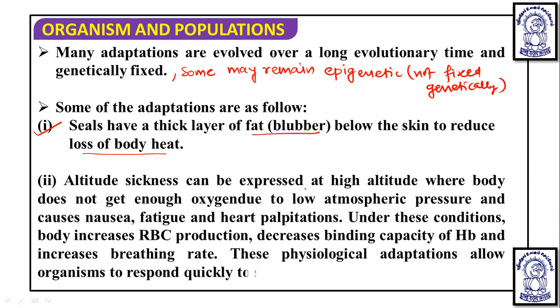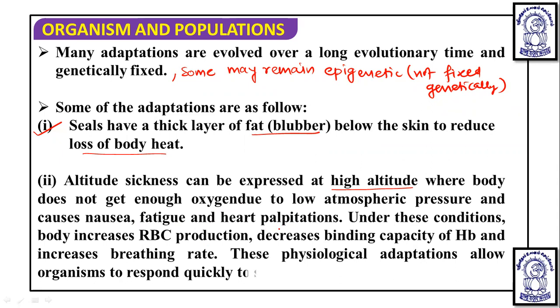It is experienced at high altitude, where the body does not get enough oxygen due to the low atmospheric pressure, and causes nausea, fatigue, and heart palpitation. So due to the unavailability of oxygen and low atmospheric pressure, such symptoms are seen: nausea, fatigue, and heart palpitation.